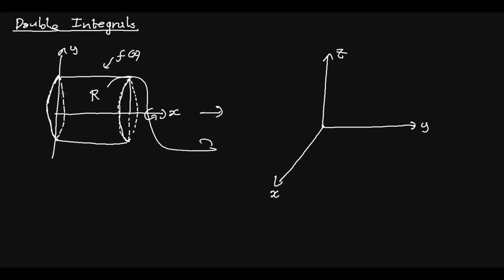Let me bring this region down here, right? So this is our region, for instance, along the x-axis. Okay, I have this line. Then from the y side, this is what we have. So our region is here.